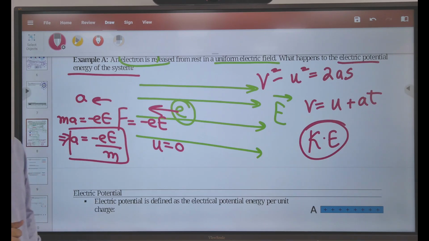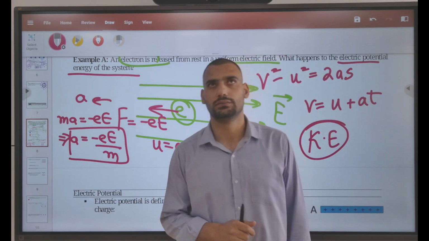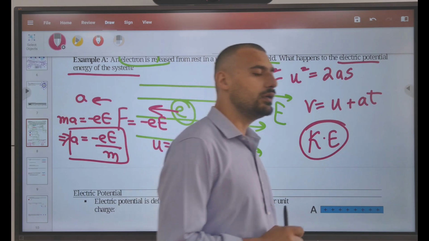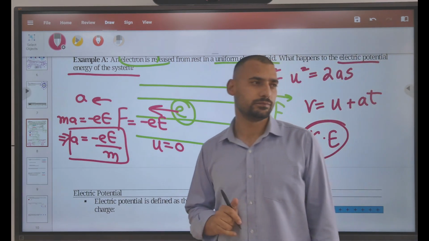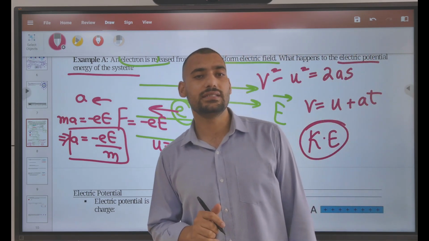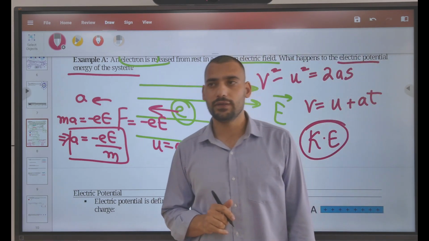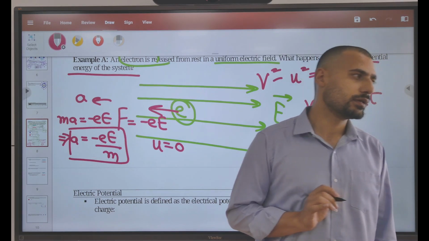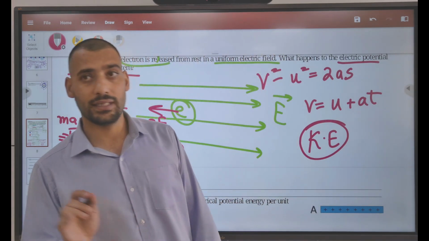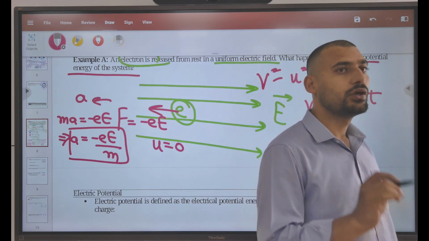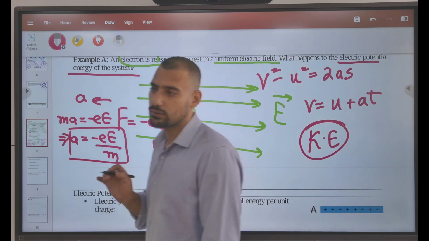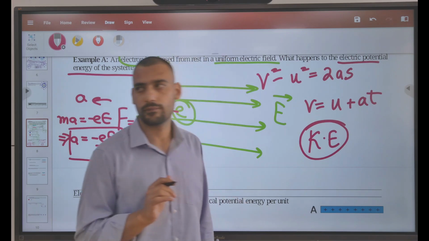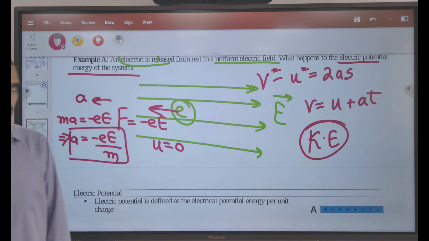Write down the question. An electron was released in an electric field of strength 50 newtons per coulomb, okay? Full stop.